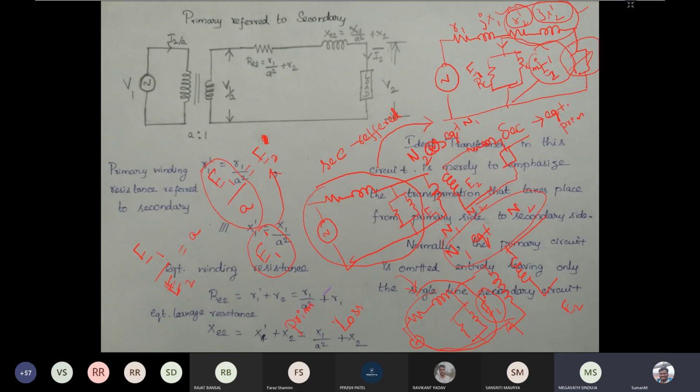So in this case, we will be getting R1 dash, X1 dash, here RC dash and XM dash.